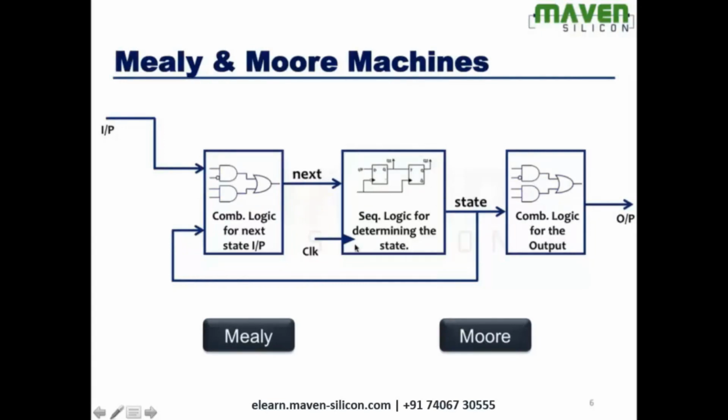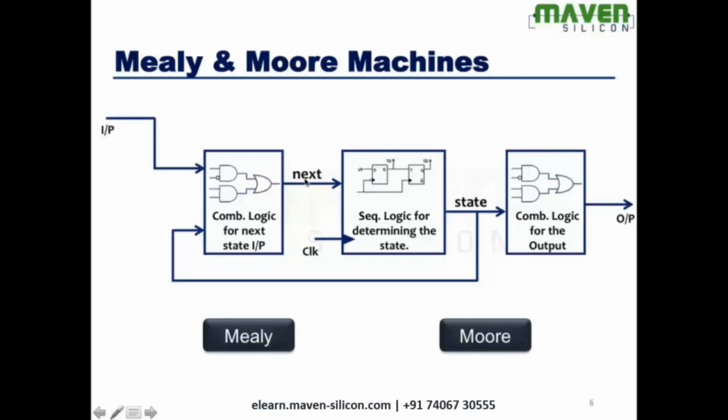This is the second major block. And based on the state, the output block is going to produce the output. Again, this is combinational. So there are three blocks. Now, look at this combinational logic, the next state decoder logic. It produces the next state based on the input and current state.